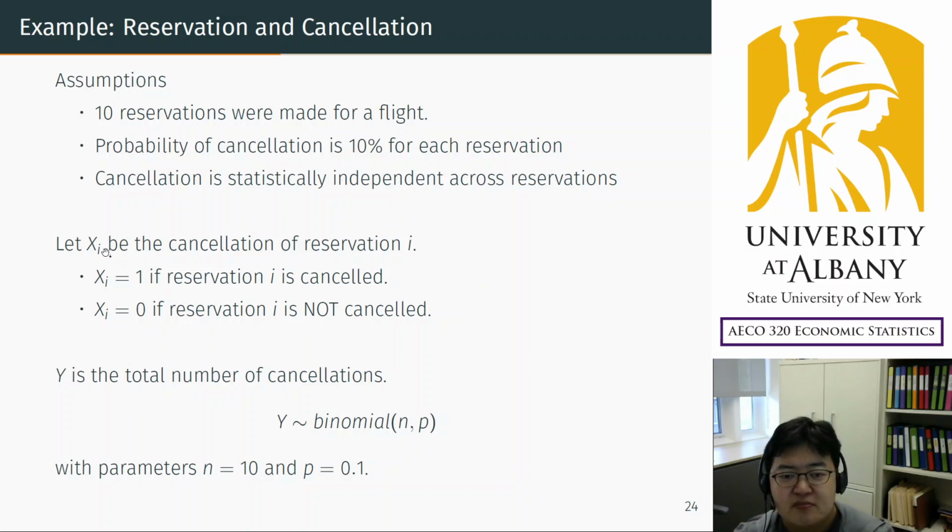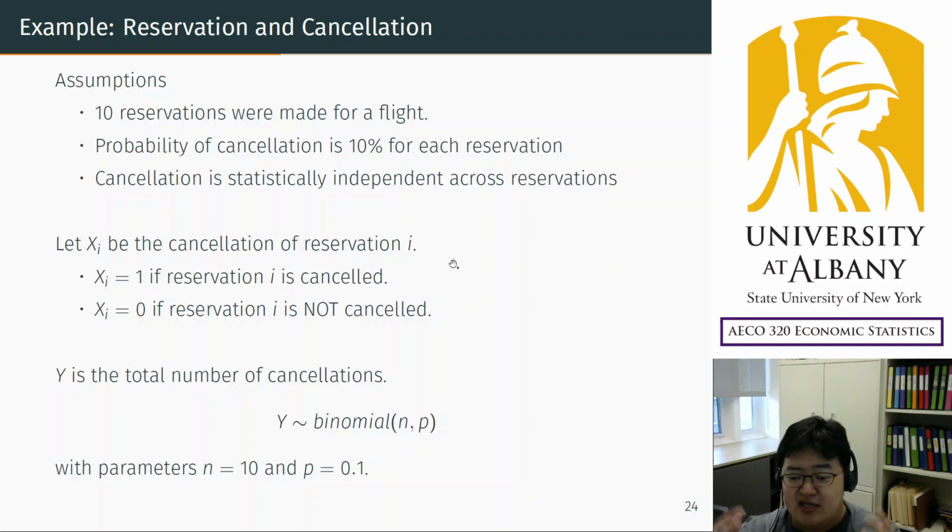And I am going to define a random variable X subscript i from a single reservation i. I'm going to write 1 if the reservation is cancelled. Remember, by the way, I'm going to put cancellation as success.